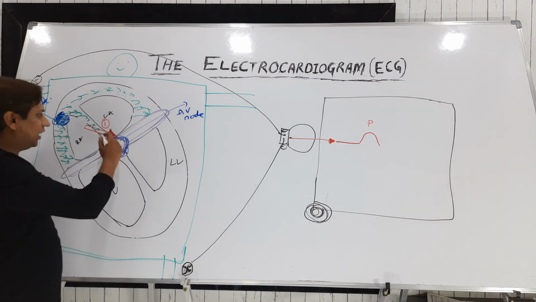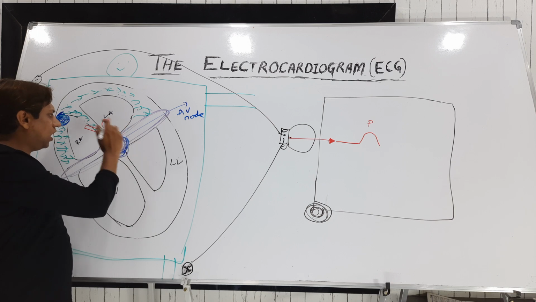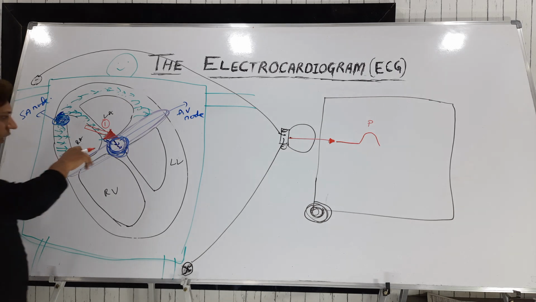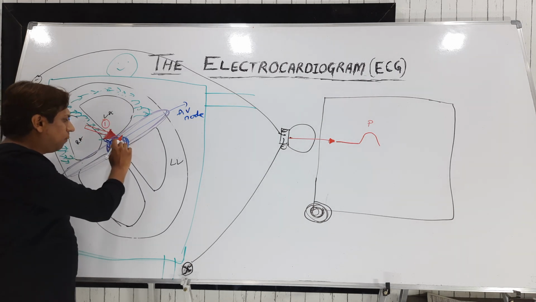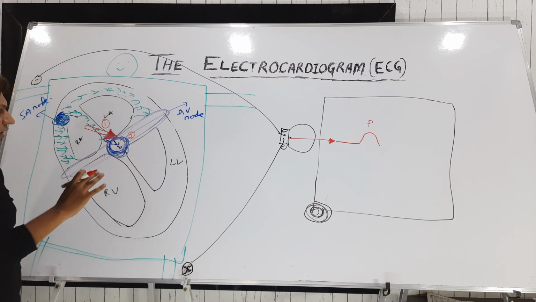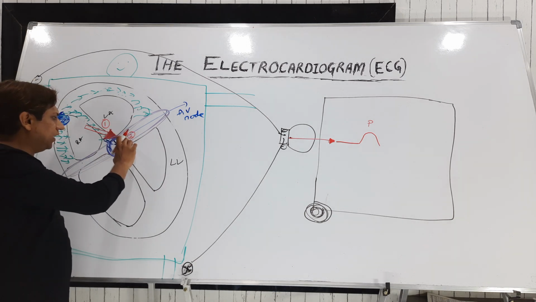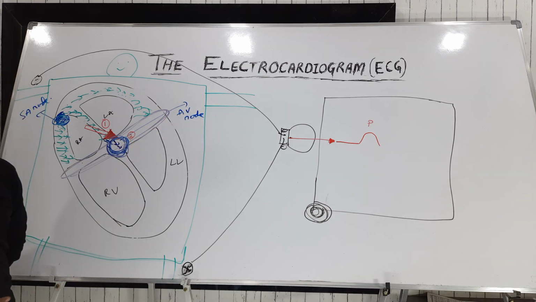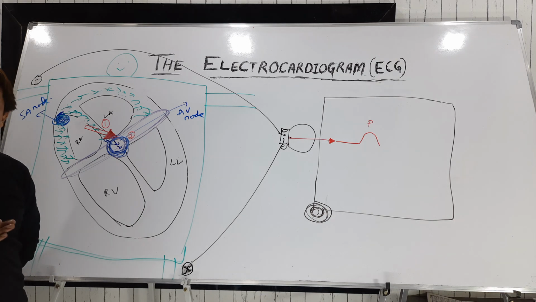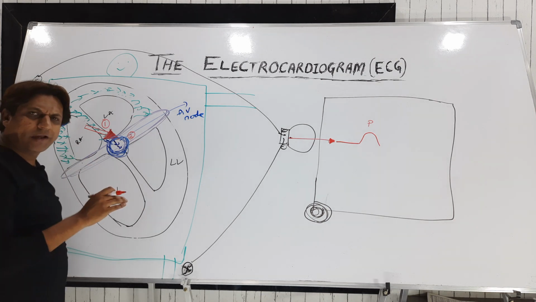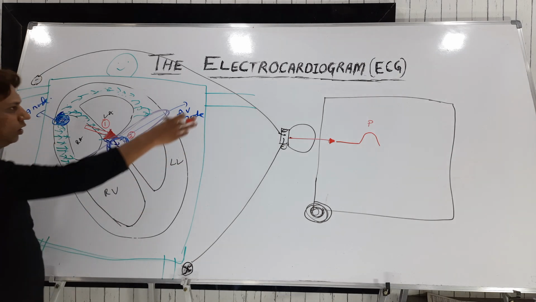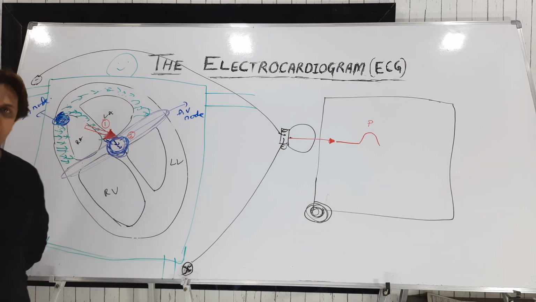So this is the second electrical activity in the heart. So we'll draw one more vector. It is again the same current going down through this AV node, but it is of such minimal strength that this current is not detected by the ECG machine. The depolarization wave passing through this AV node is of very low magnitude and very slow, so it is not detected by the galvanometer or the ECG machine here.